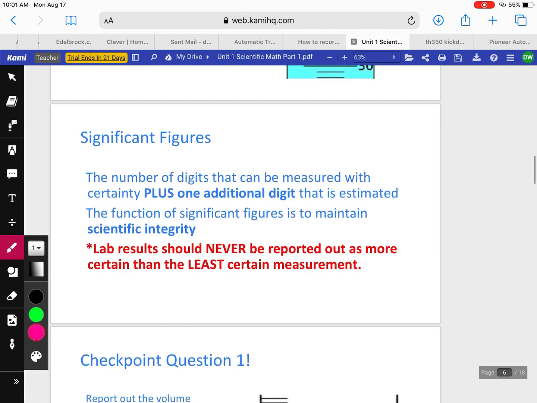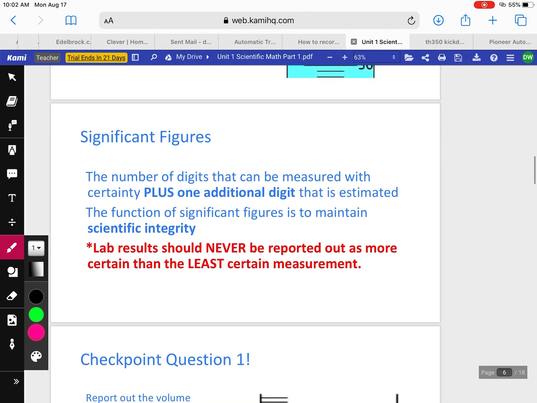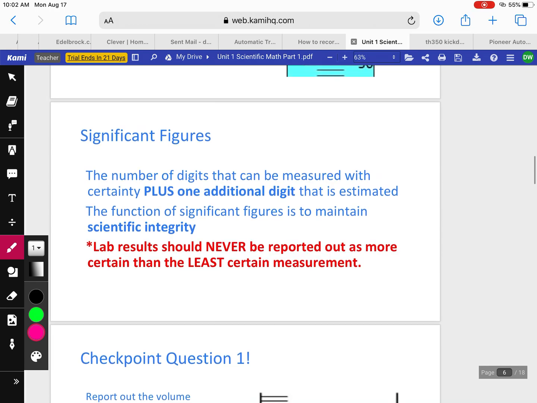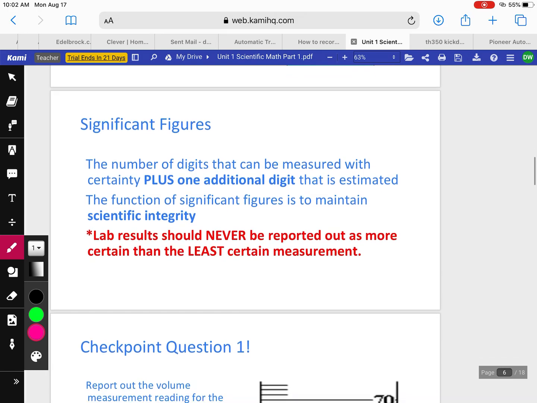And that also goes with a ruler. So normally, let's say you're measuring, you'd want to do 5.2 centimeters. Well, you could probably estimate that to be 5.25 centimeters.